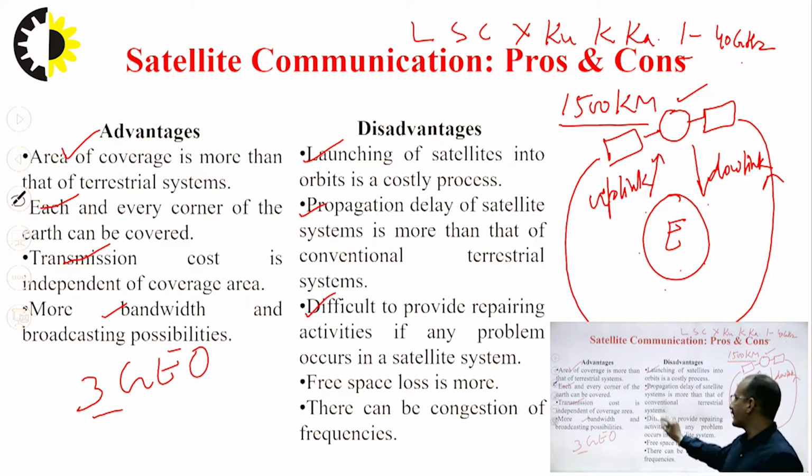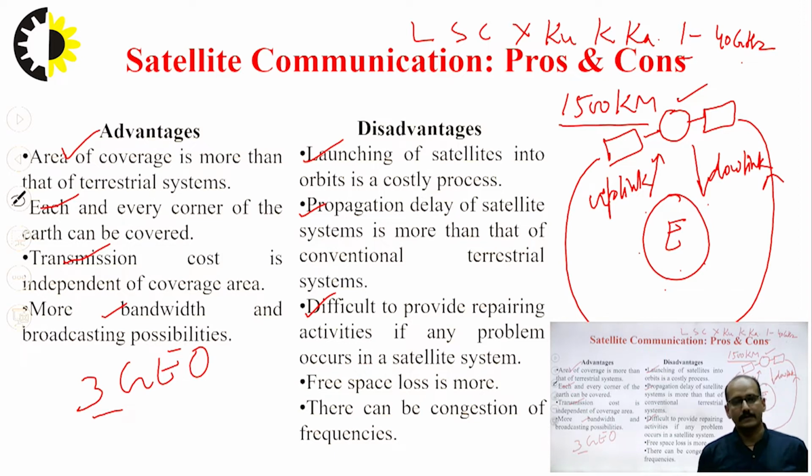Then the third disadvantage is that it is difficult to provide repairing activities if any problem occurs in the satellite system. This is also a very major problem because your satellite is placed at a remote position, and when you put it at a remote location, you cannot repair it whenever it is required.